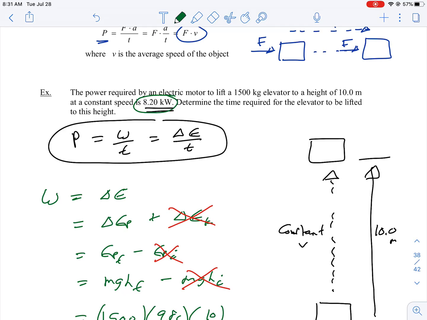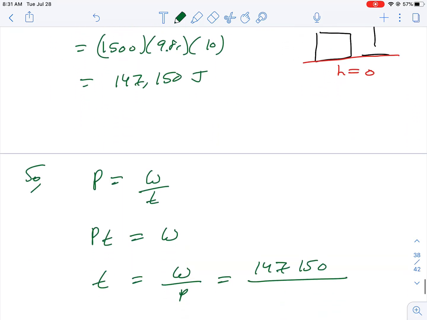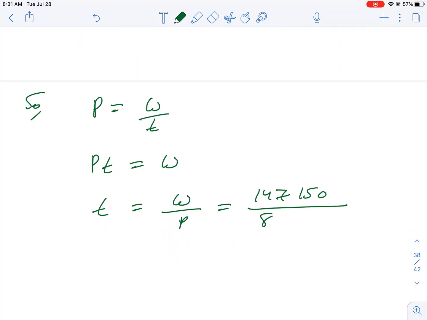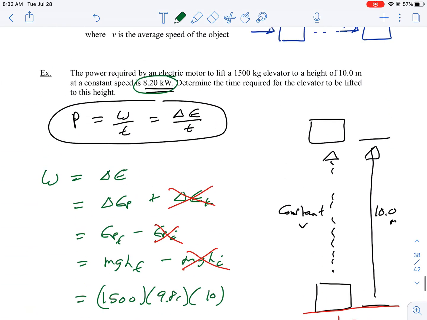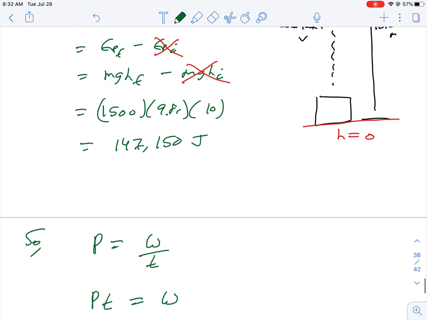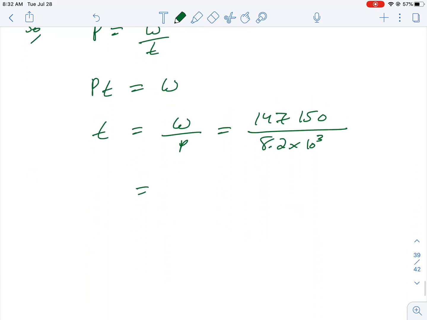And remember, the unit for power is watts. So don't forget to change that to standard units. So you can call this 8.2 times 10 to the third, or 8,200 watts. So divide this by 8,200 essentially. And the time, and let's see how many sig digs we're going to give ourselves here. Looks like 3. So the time comes out to be 17.9 seconds.